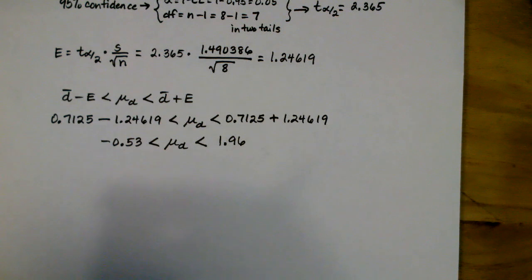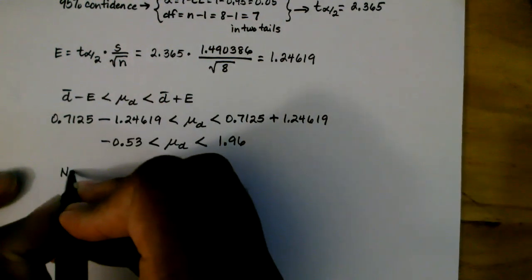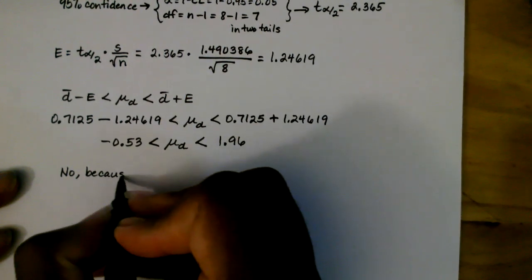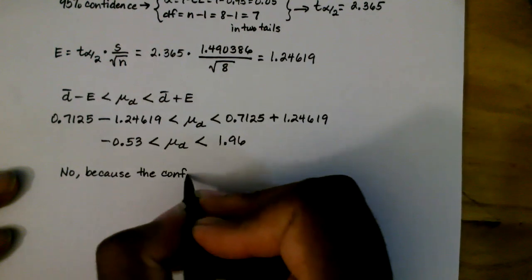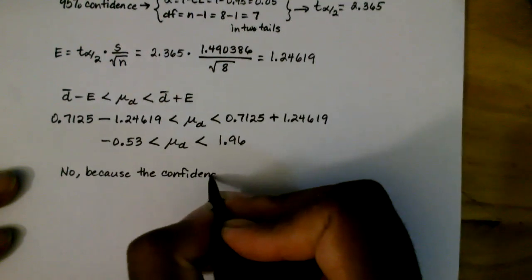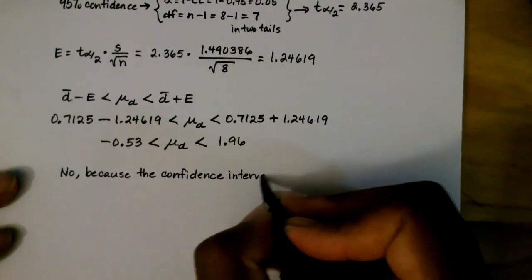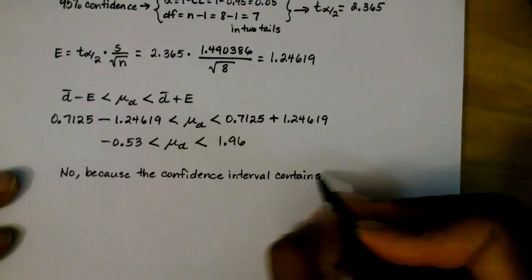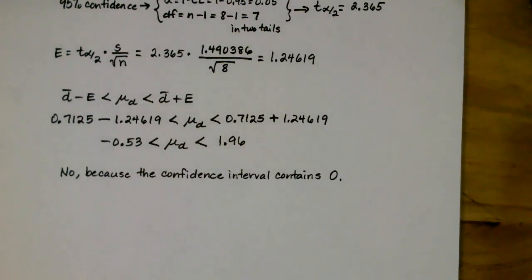So to answer that question, does hypnotism appear to be effective in reducing pain? The answer there will have to be no, for the reason that the confidence interval contains 0, or the confidence interval includes 0.